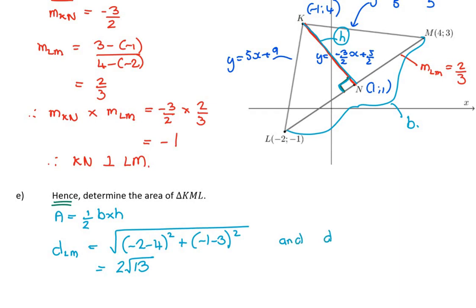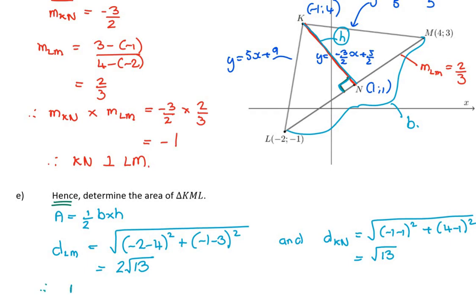So now what's the distance from K to N? Well, the distance from K to N is exactly the same type of calculation. So here it's -1 minus 1 squared plus 4 minus 1 squared. Again, just pop it in your calculator, and I get the square root of 13.